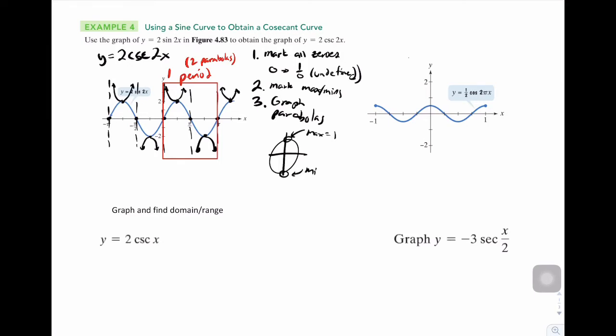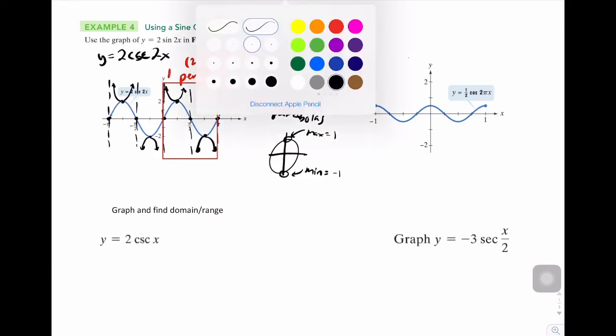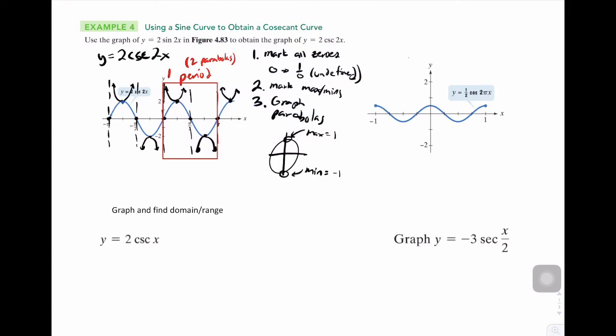Here's our min, that's -1. If you take the reciprocal of 1 and -1, notice how they don't change. The reciprocal of 1 is 1. The reciprocal of -1 is -1. And that's why the max and min points on the cosecant graph are also unchanged. So those points also exist on the cosecant graph. And that's why it's a really simple way to use those points to find the cosecant or secant graph.